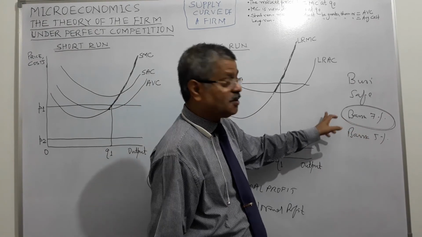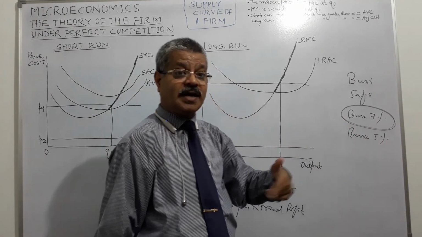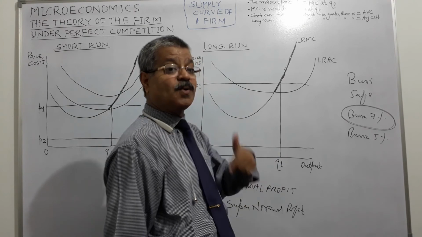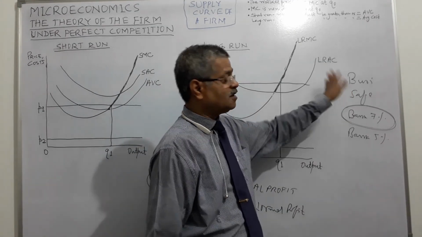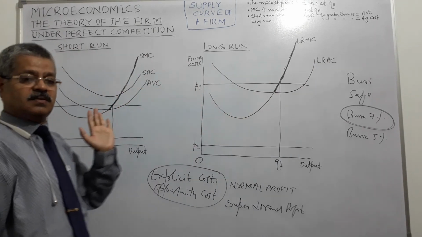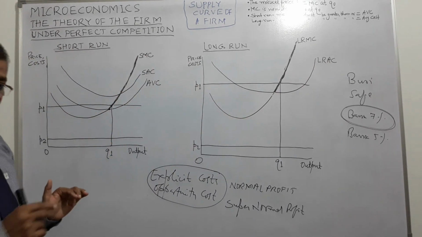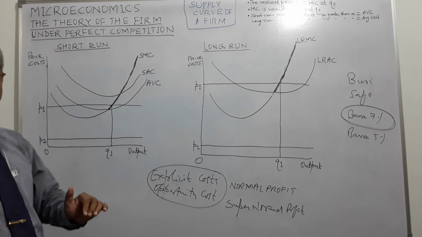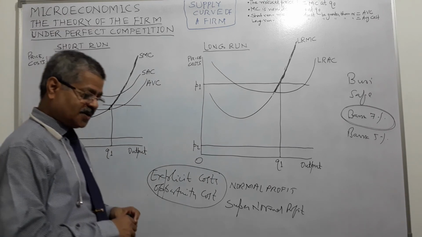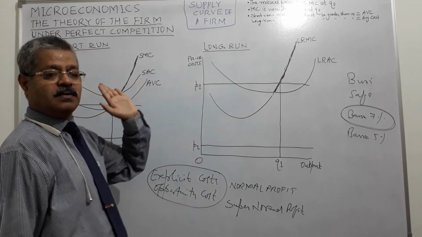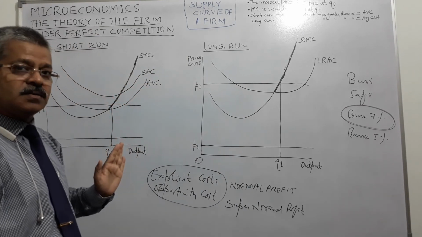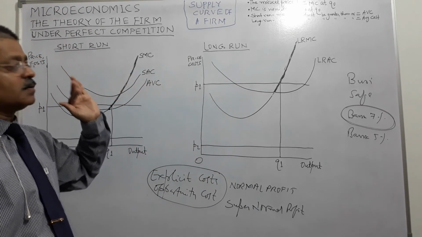So 7% of interest on that 1 lakh rupees is the opportunity cost if I invest that 1 lakh rupees in my business. I have forgone that 7% interest which I could have got by investing that money in bank A.